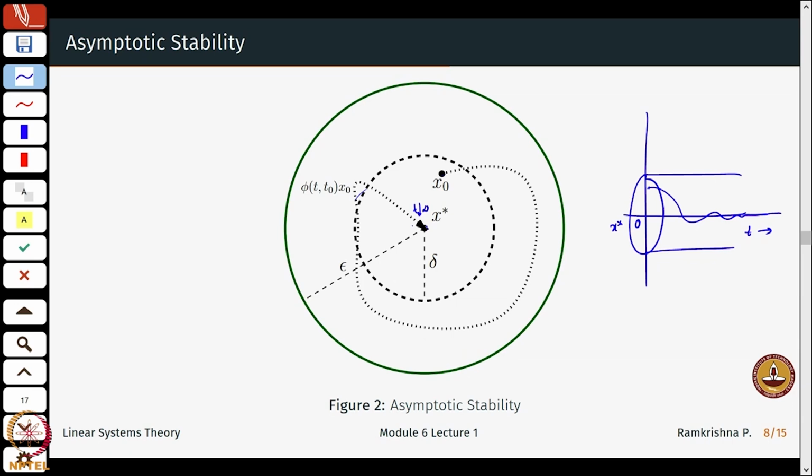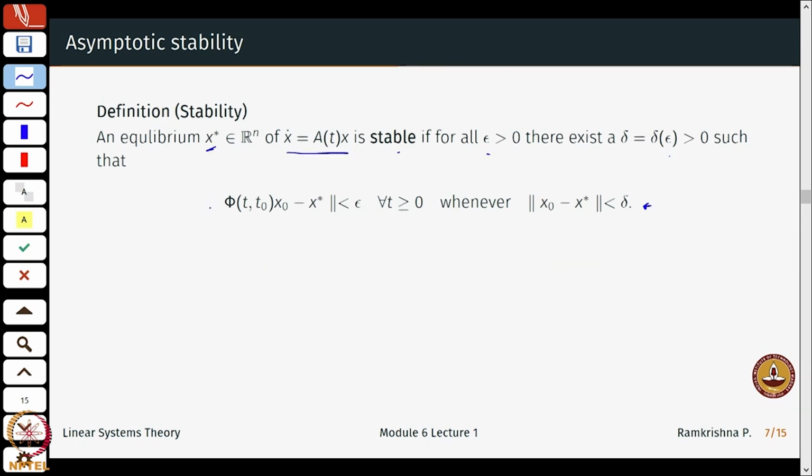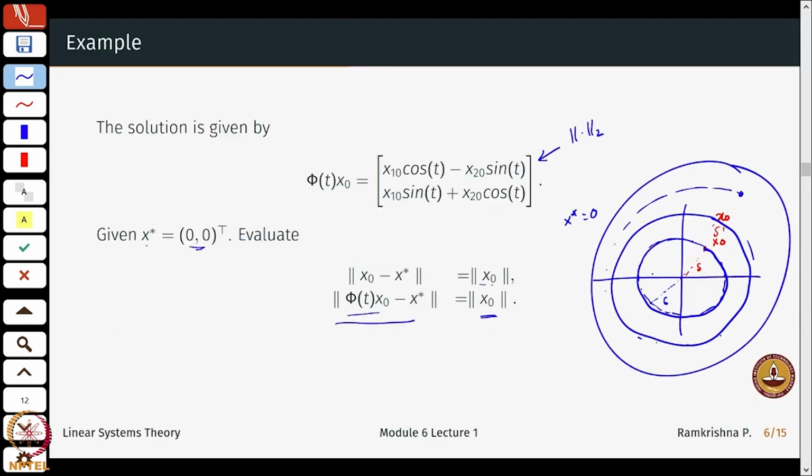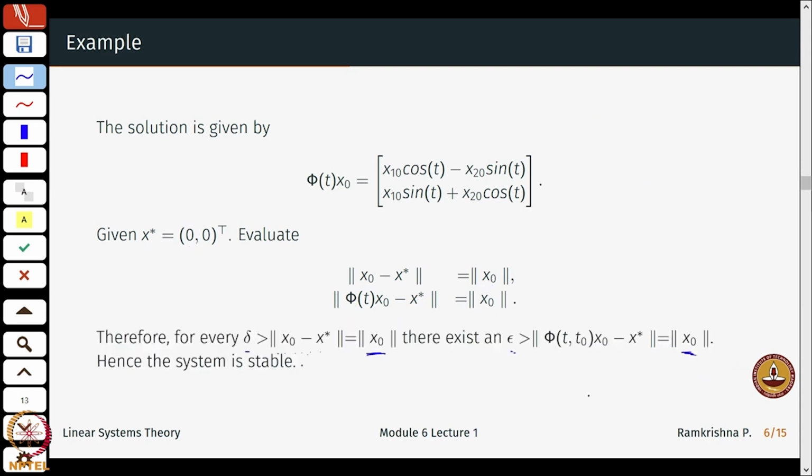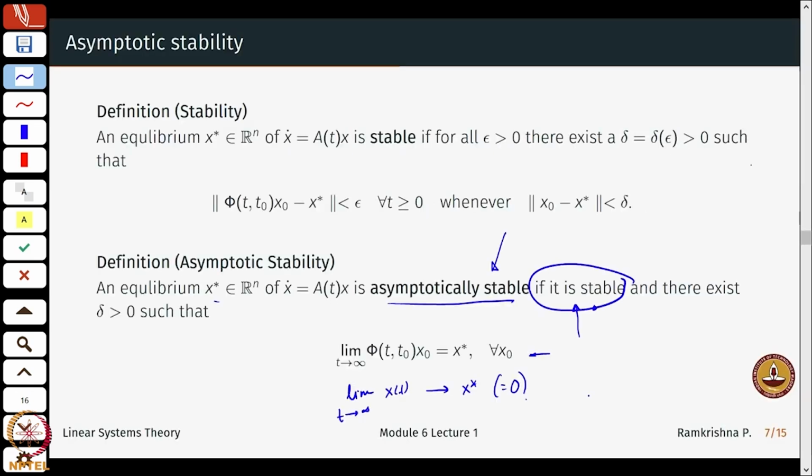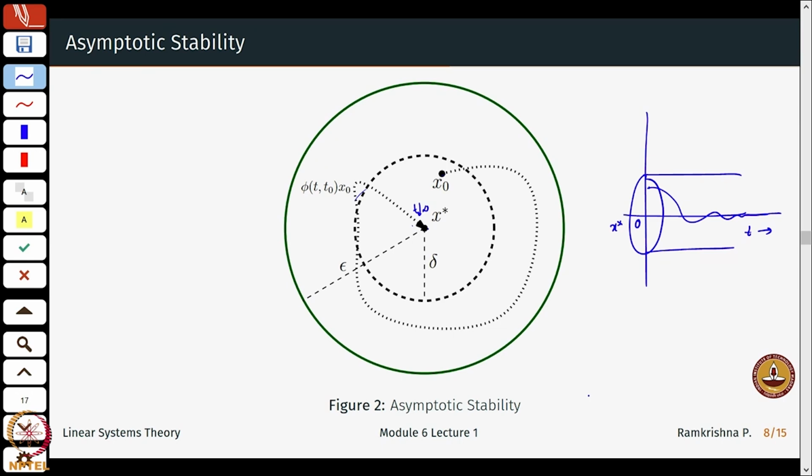So, for example, is this system asymptotically stable? Well, the answer is no. The system is not asymptotically stable. Is it stable? Yes. So first thing, which is a larger set? The earlier system was stable, but not asymptotically stable. So asymptotically stable is a restriction on it.